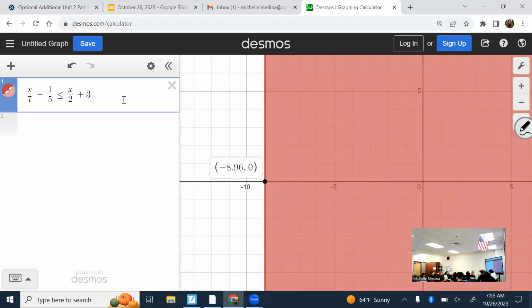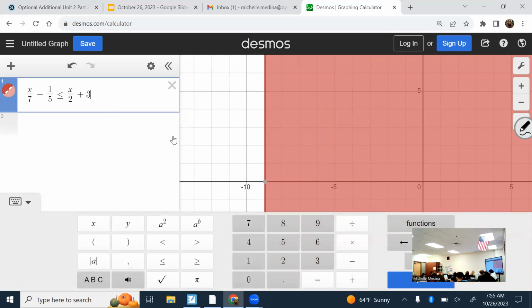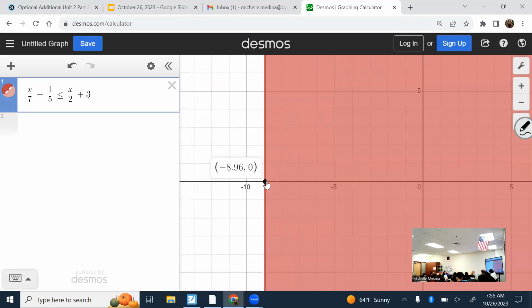Yeah, we must have done something wrong in the math. I'll have to really look at it to see what it is. But look at where the circle is on the number line. It's at -8.96. And is it shading to numbers that are greater than that or numbers that are less than that?